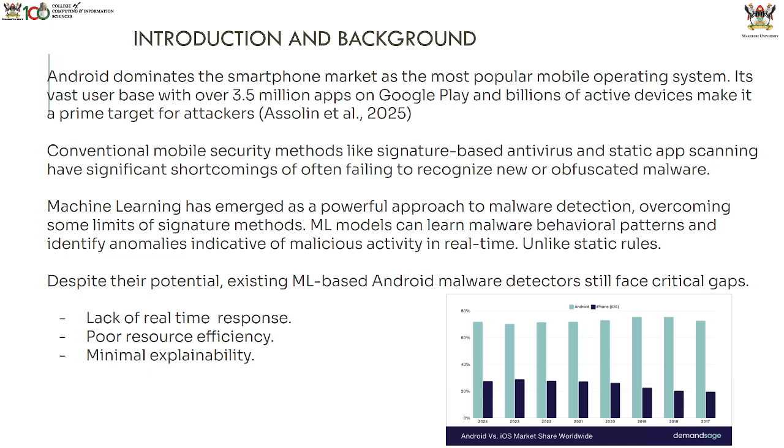You find that Android dominates the smartphone market as the most popular mobile operating system, with over 3.5 million apps on Google Play and billions of active devices, making it a prime target for attackers.